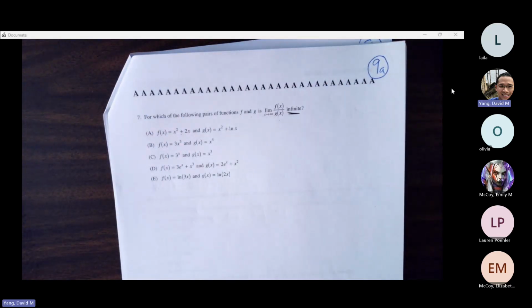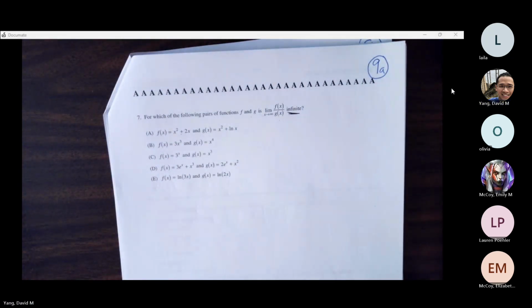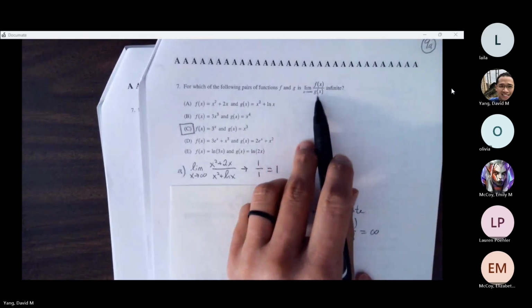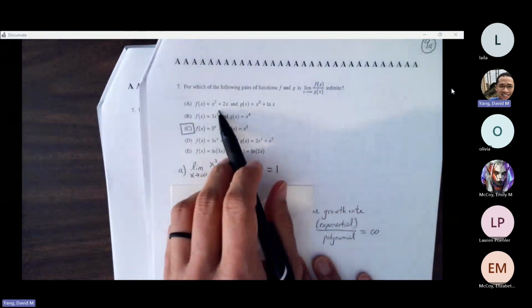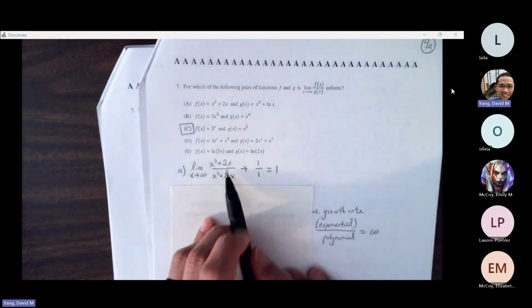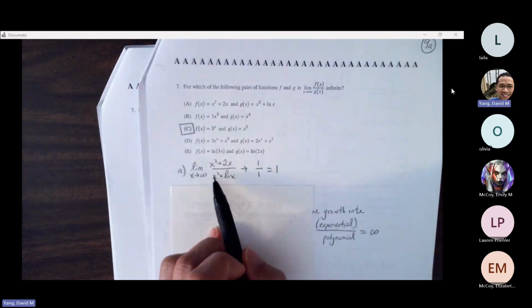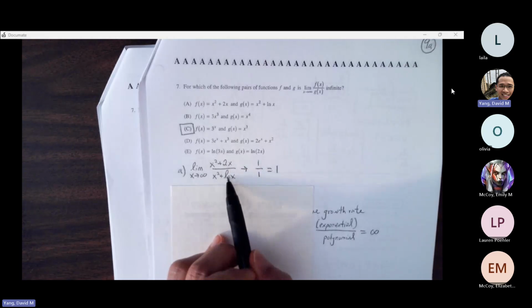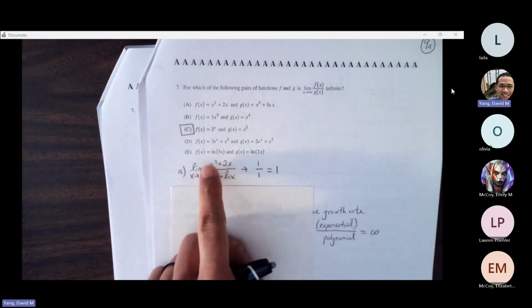So if we look at option A, f over g, x squared plus 2x divided by x squared plus natural log of x. The highest degree will be x squared. Natural log grows at a slower rate than polynomial, so we can ignore that natural log of x. So the highest degree is x squared over x squared.